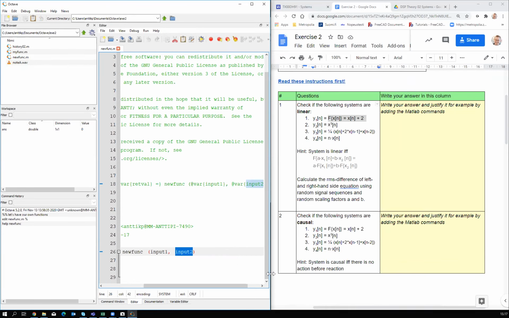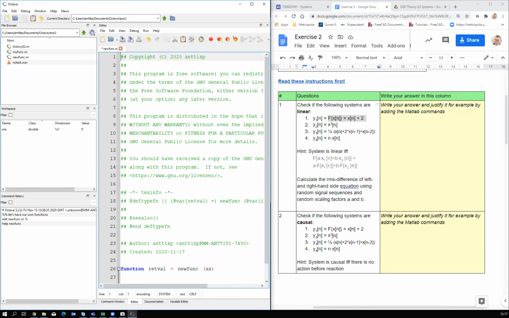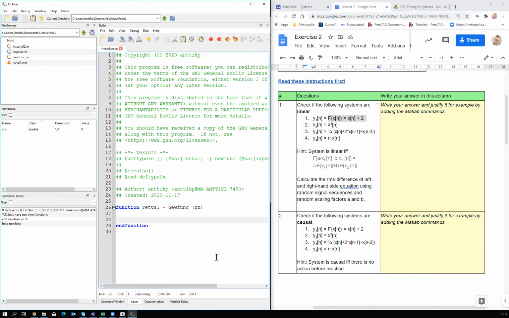So practically we can make this one with the input of just X. There, the return value is new func when the input value is X. And just for fun, I will make a very simple function where the return value is equal to X plus shift X by 1.